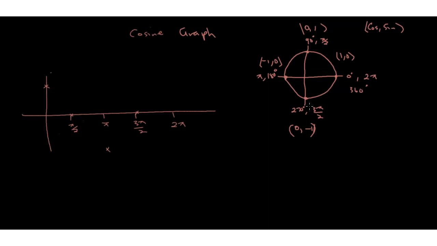And then we go to 1 right here. So now we're going to try to follow the path. We start here, go to 0, to -1, to 0, and then back up. So that's what our cosine graph tends to look like.